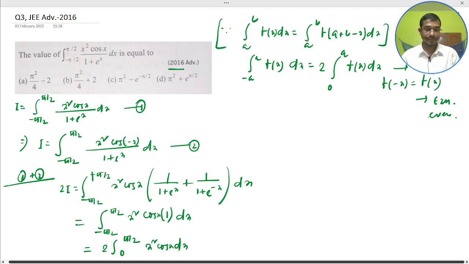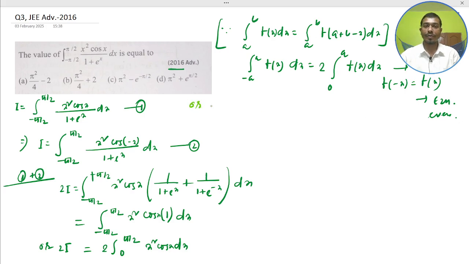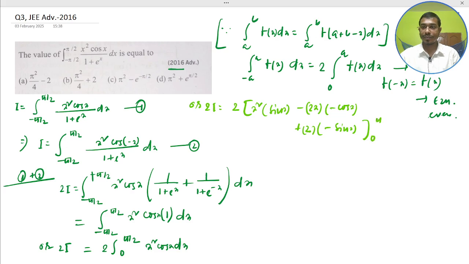Now by parts. Here on the left hand side this is the 2I. So do the by parts, and put this limit. So x square sin x minus derivative 2x and the integration minus cos x, plus 2 integration minus sin x, and put this limit 0 to pi by 2.